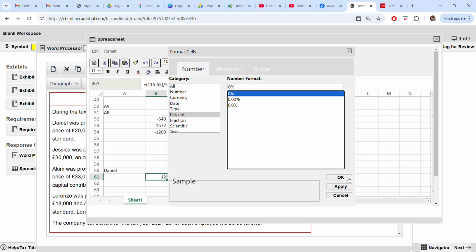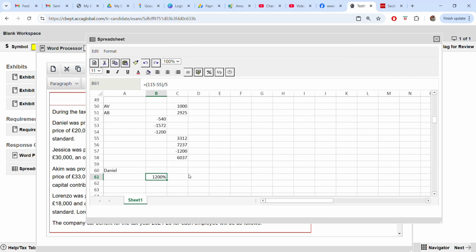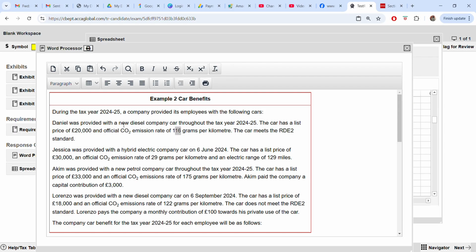So this is 12%. Now, since this is a diesel car, you see this is a new diesel company car. Because it's diesel, will 4% be added or not? 4% will not be added because it meets the RD2 standard.